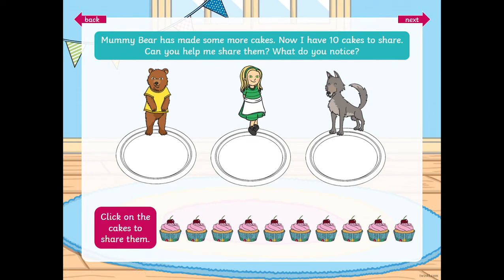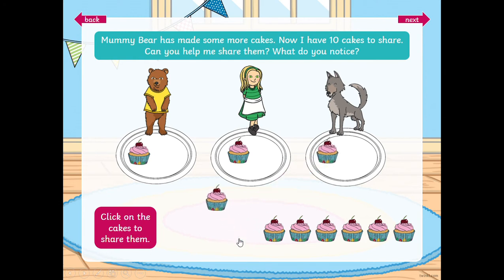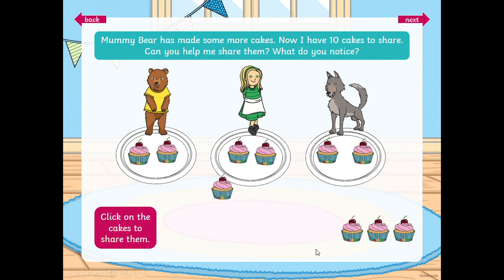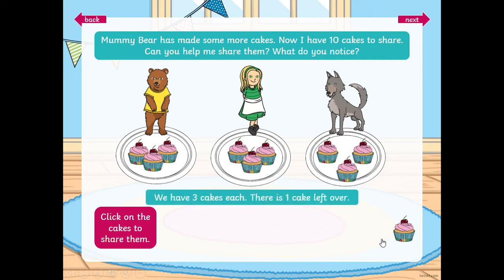Now we've got to share them between Baby Bear, Goldilocks, and the big bad wolf. 1 to Baby Bear, 1 to Goldilocks, 1 to the big bad wolf, 1 to Goldilocks, 1 to Baby Bear, 1 to Goldilocks, 1 to the big bad wolf, 1 to Baby Bear, 1 to Goldilocks, 1 to the big bad wolf.